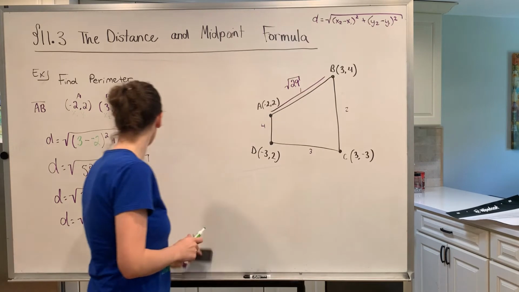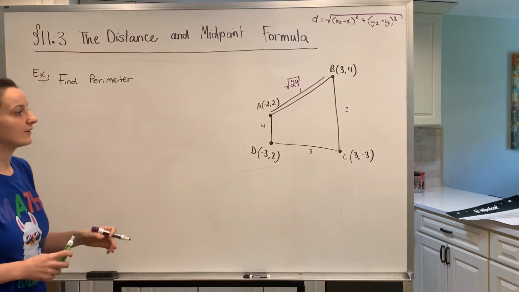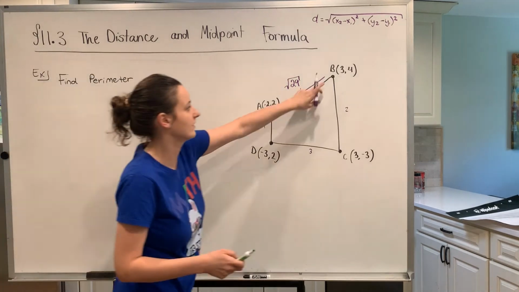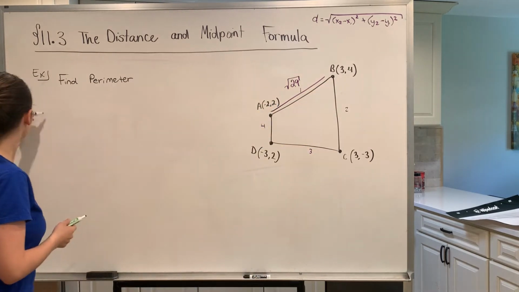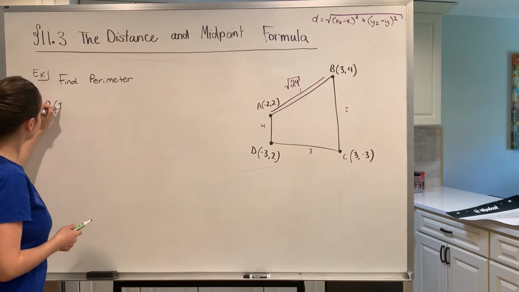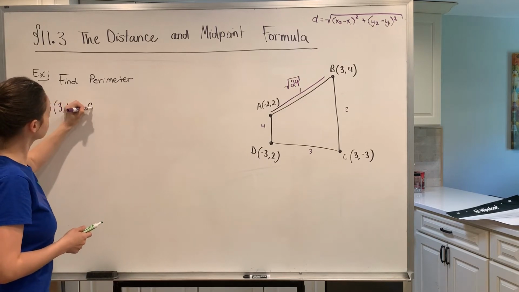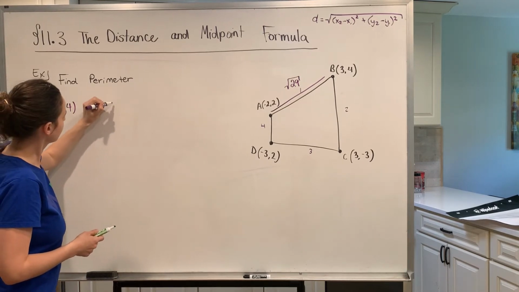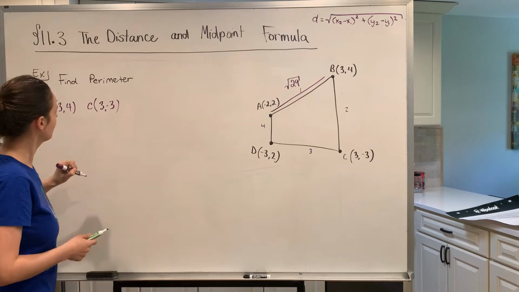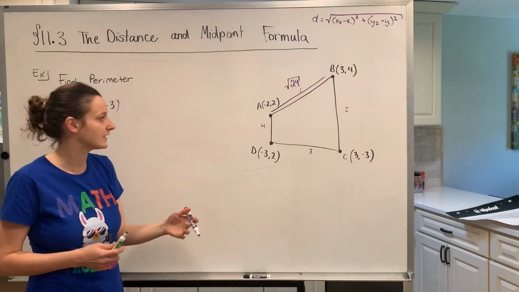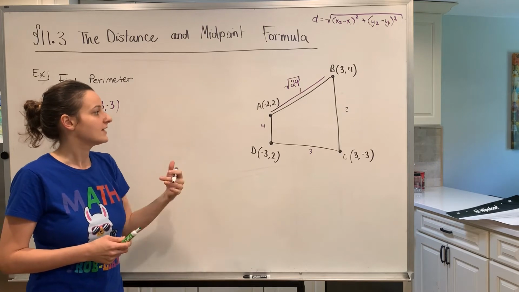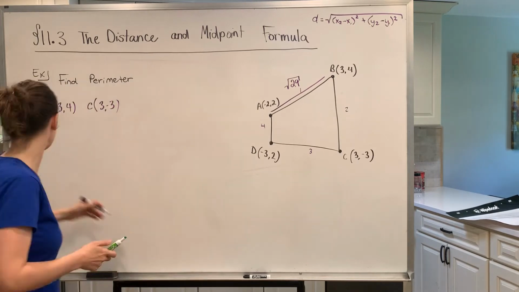Okay. We can go ahead and move on and do the same thing for the line segment between B and C. So point B is at 3, 4, and point C is at 3, negative 3. Okay. At any point, you should go ahead and pause this video, see if you can come up with the answer on your own, and then press play to see if you're correct.